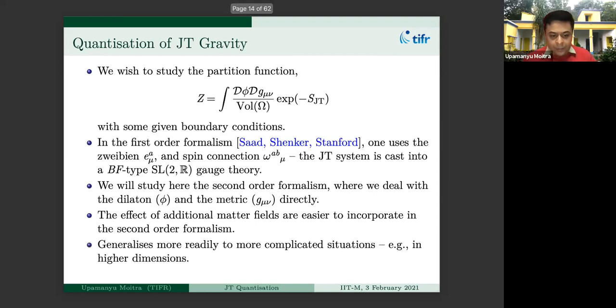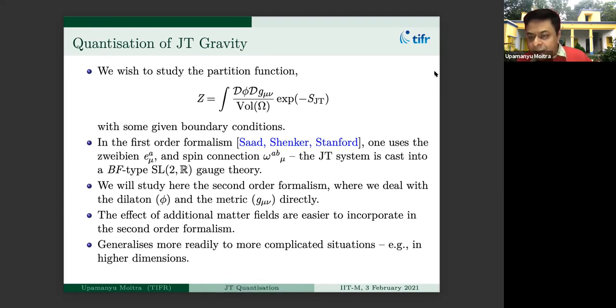The next good point about the second order formalism is that it generalizes more readily to more complicated situations. For example, if we were to do some path integral in higher dimensions, there again, we might not have some sophisticated mathematical tools available. So with this view in mind, it's worthwhile studying the second order formalism.